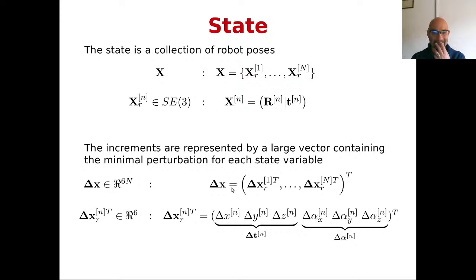And as always, I define the perturbation vector delta x to consist of many little blocks, delta x1, delta x2, delta x3. Each of them will have dimension 6. And similarly, and this is something we have already seen, we consider for each of these tiny vectors a translation part and a rotation part.